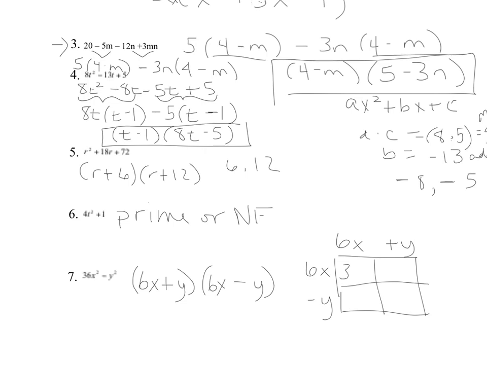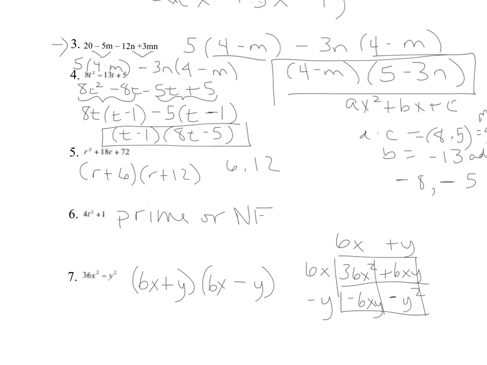That's 36x squared. 6x times positive y is a positive 6xy. 6x times a negative y is a negative 6xy. And negative y times positive y is what? A negative times a positive is what sign? A negative, and y times y is y squared.